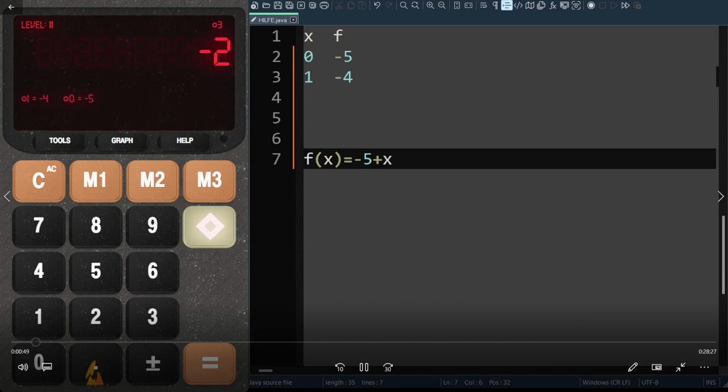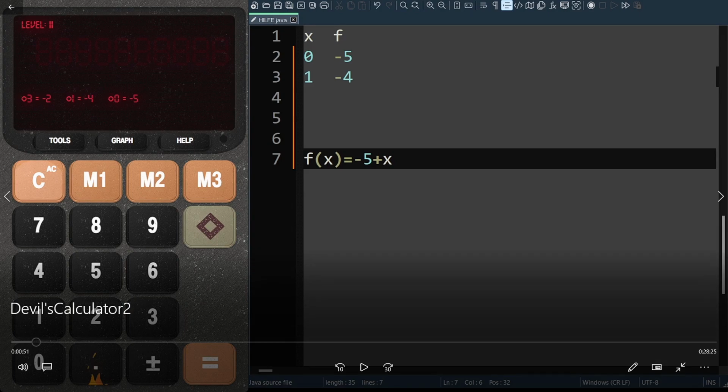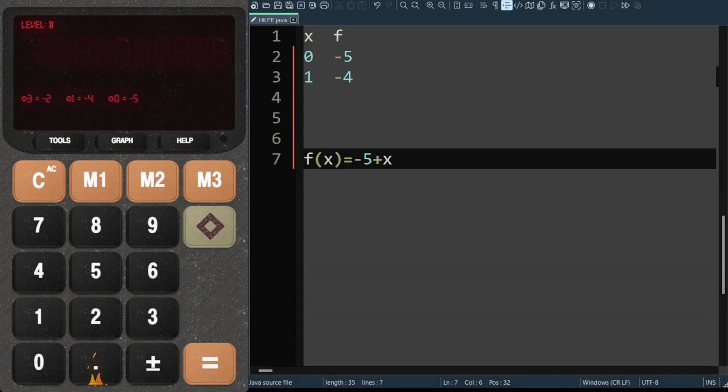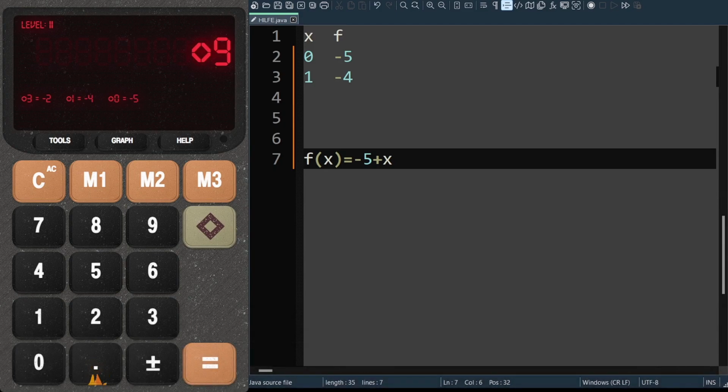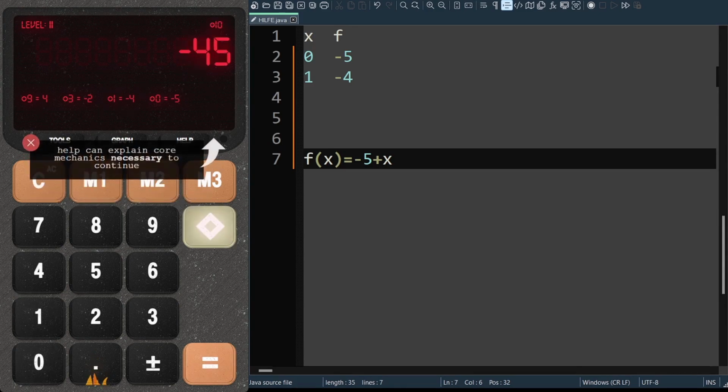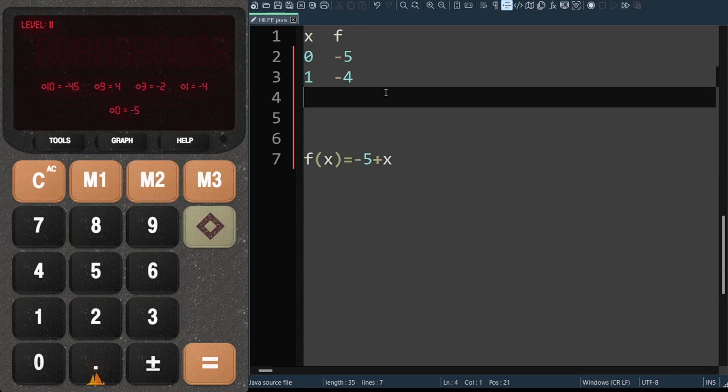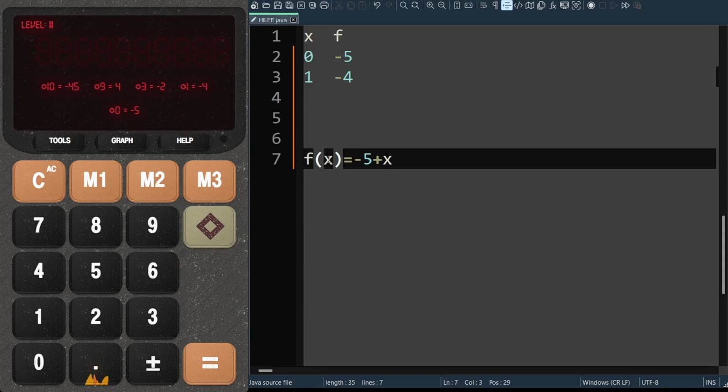What do we have? Basically, the first idea that I had was a function f of x equals minus 5 plus x. Because I had two numbers, 0 and 1, and if we assume this is a linear function, we know our function always has the form f of x equals m times x plus b.